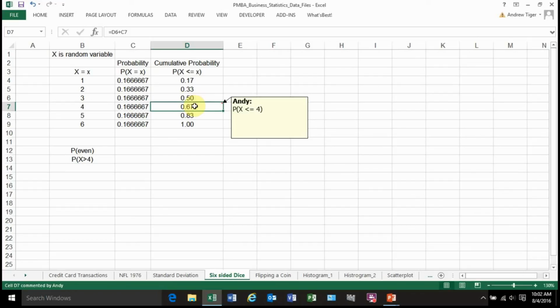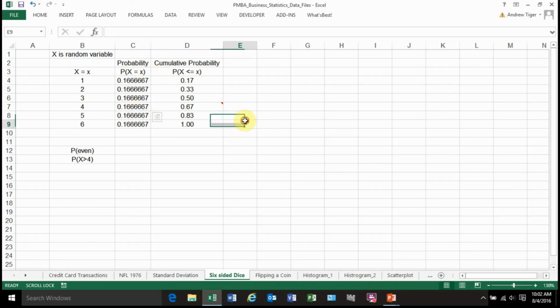How did I calculate that using Excel? Remember what it is. It's the sum of all these, or an easy way to do it, it's equal to the cumulative probability of the previous outcome plus the individual probability of that outcome. And if you do this right, the sum is always equal to 1, and this last value is always equal to 1. You'll get the same thing. So let's solve some problems.